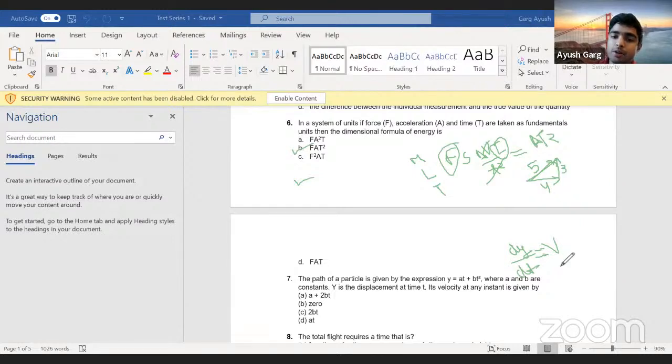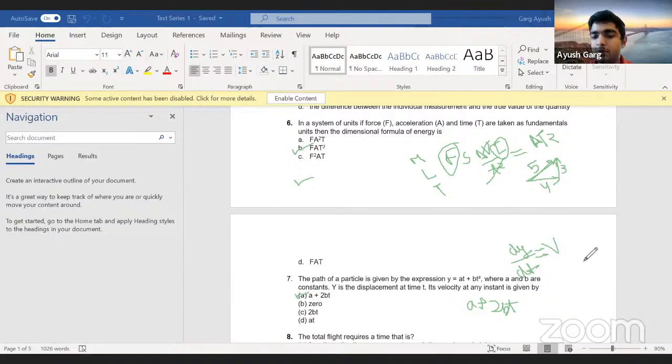If you differentiate this with respect to time, it's going to be a plus 2bt. So a plus 2bt is going to be your answer.